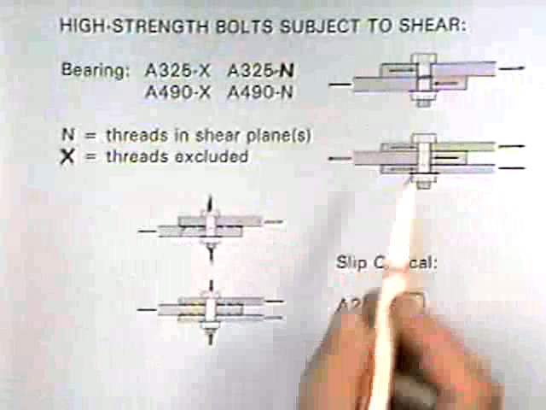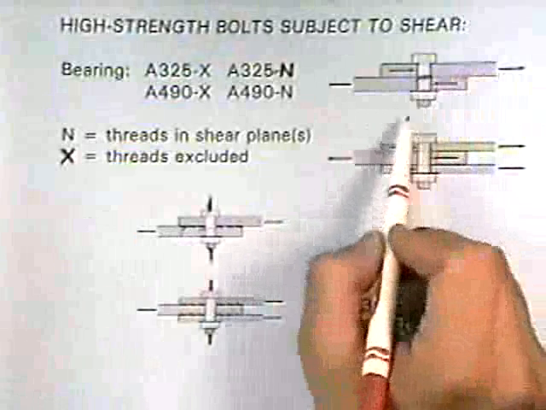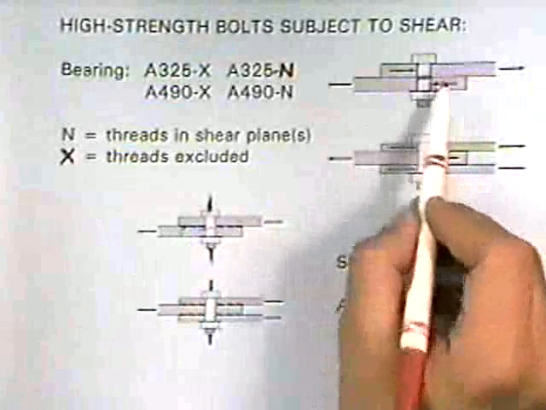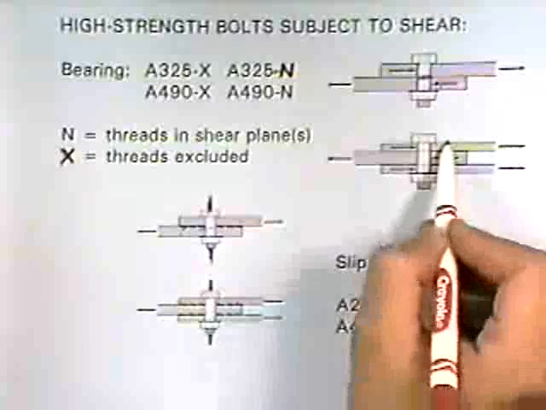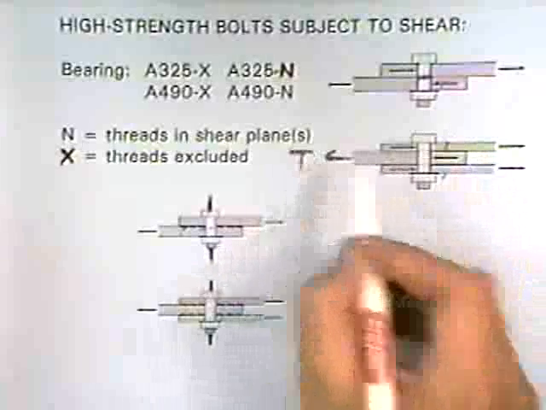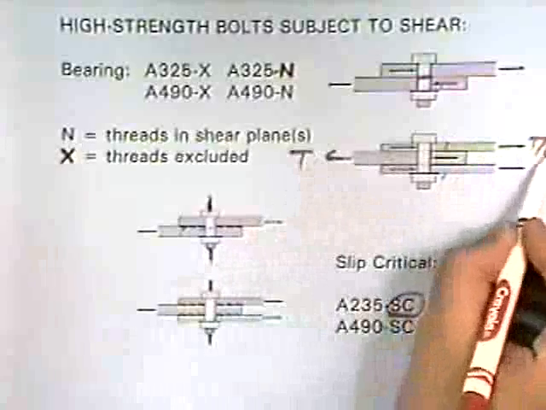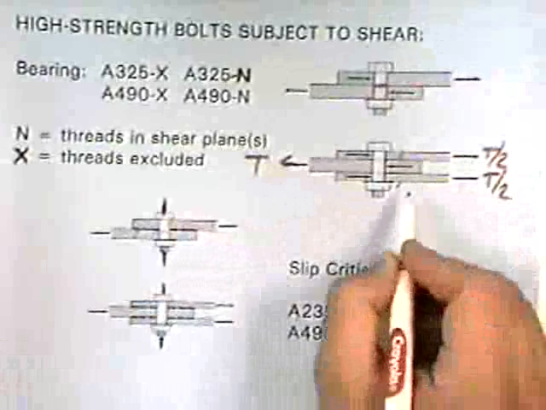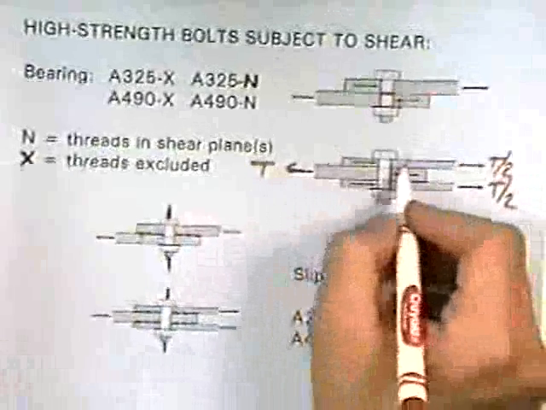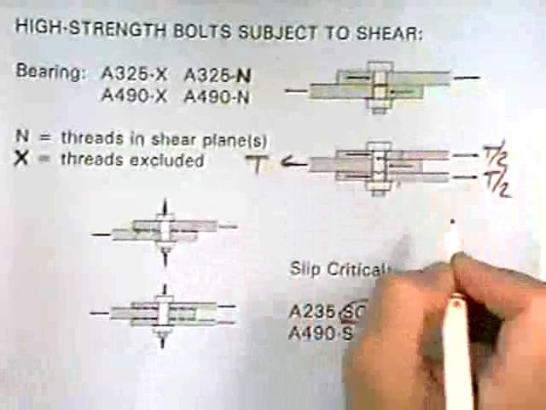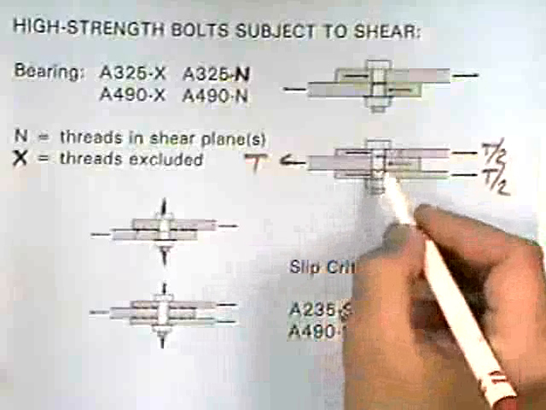There, what happens is that we've got the clamping action, and the force is actually transferred through the friction between the plates. Now, a lot of times what will happen is, instead of clamping two plates together, you might do a connection where three plates come together, where a single plate carries the load, and then it gets split out to two side plates. When that happens, you end up at failure developing two shear planes, and that's called double shear.